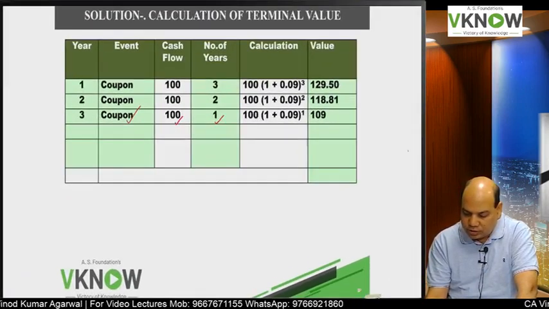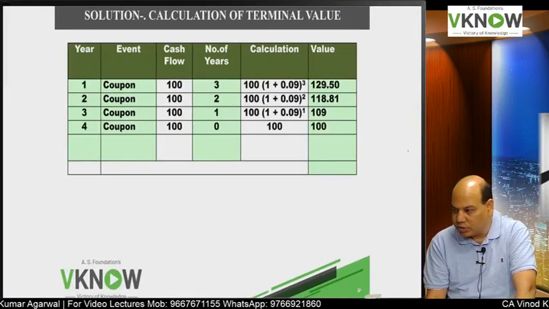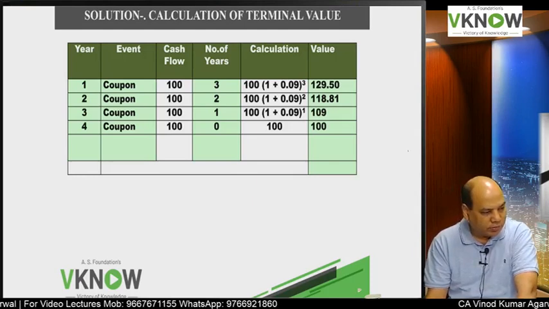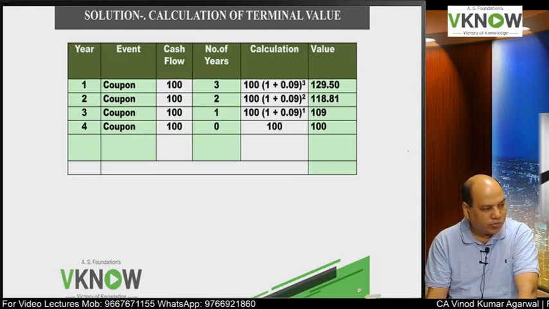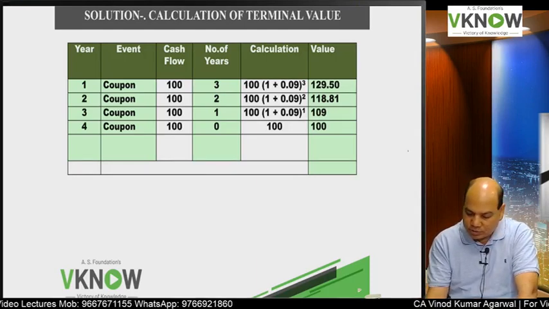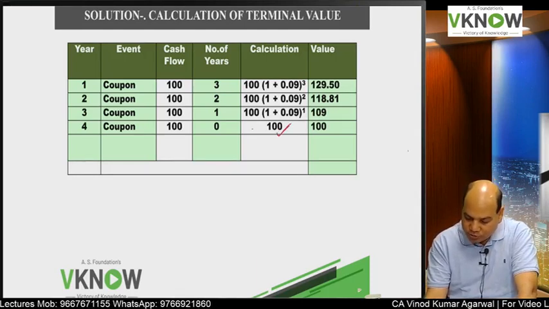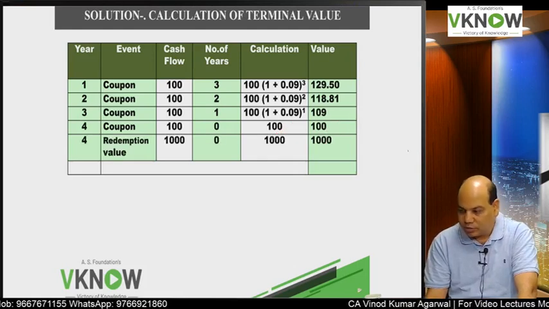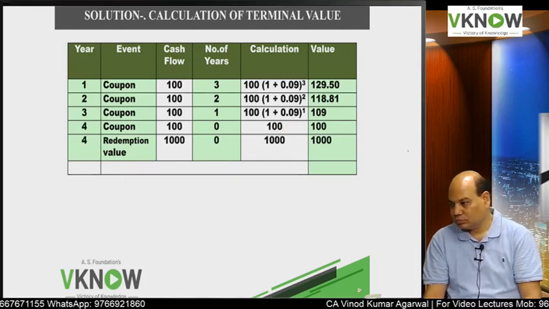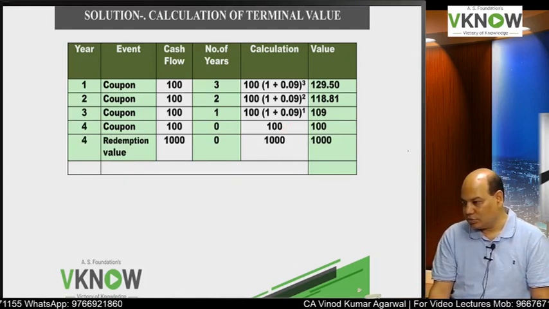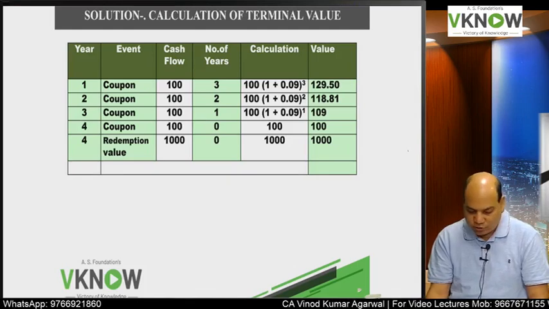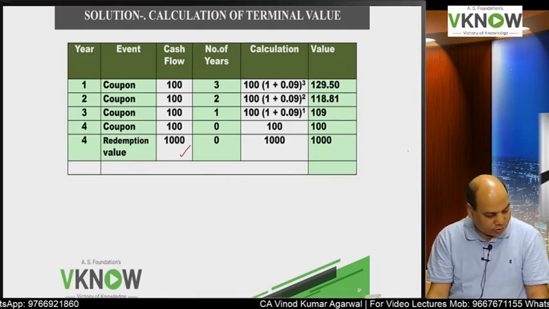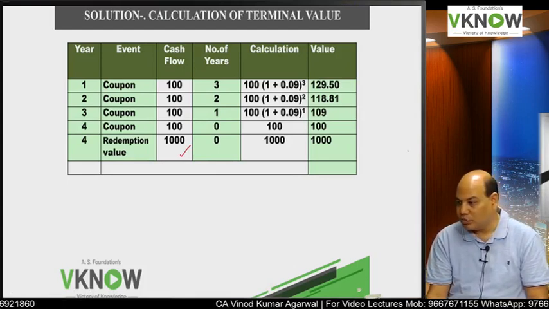Now in the last year, you will receive 100 rupees, but you are not going to invest it because this is the 4th year. This is the last year, so we are not going to invest it. So we'll keep it with us only. 100 rupees will remain 100. And one more thing, redemption value. You will get redemption value also. Redemption value is 1000 rupees. 1020 is the initial investment. 1000 rupees is what you will get.